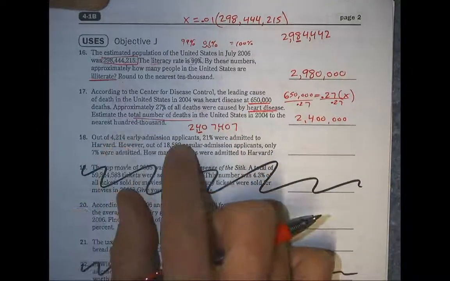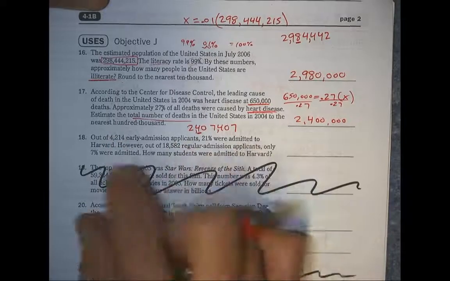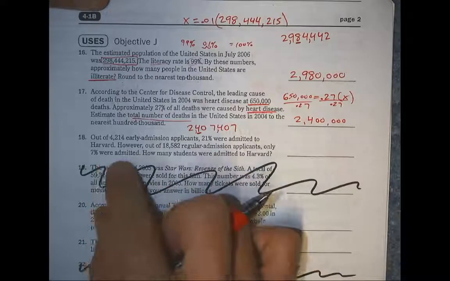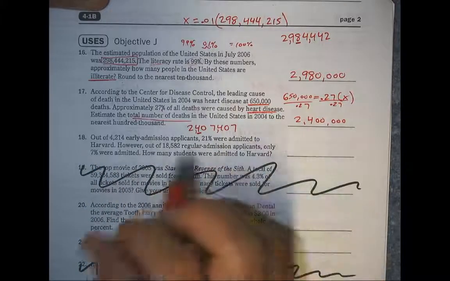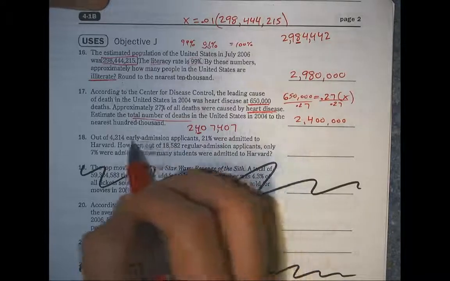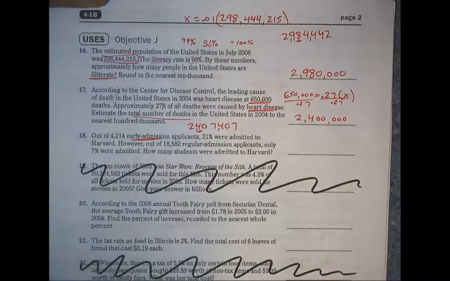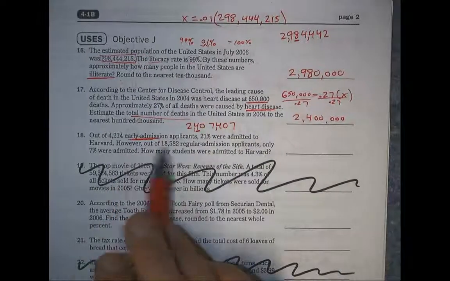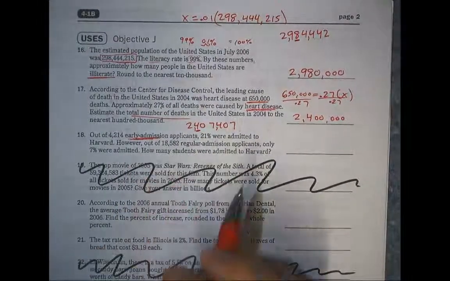18. Out of this many early applicants, 21% were admitted. However, out of this many regular admission applicants, only 7% were admitted. How many students were admitted to Harvard? So all we have to do is find out how many were admitted with early admission, and then regular admission on time, 7% of those people. So we're just going to add those two together.